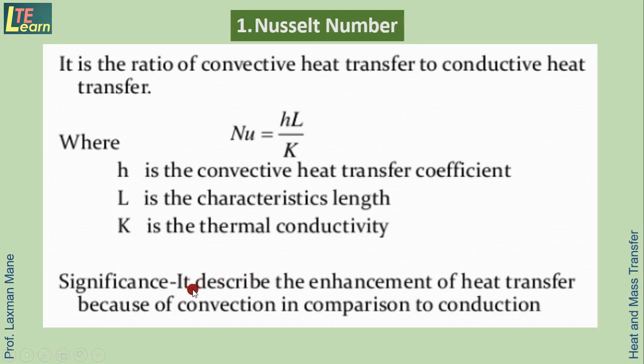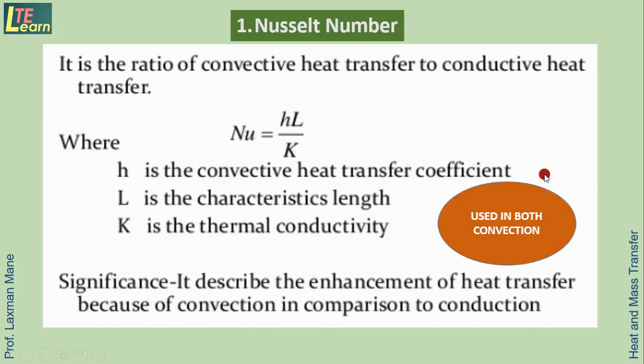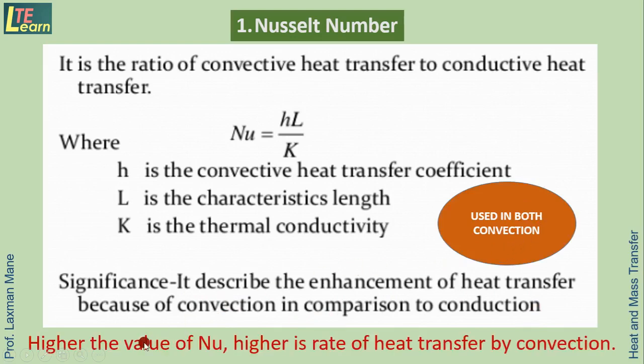Significance of Nusselt number is it describes the enhancement of heat transfer because of convection in comparison to conduction. That's why this number is used in both types of convection. Higher the value of Nusselt number, higher is the rate of heat transfer by convection.